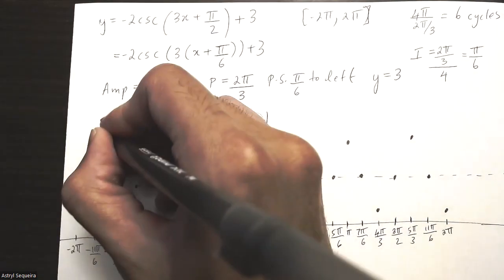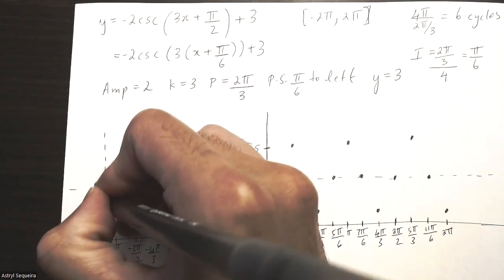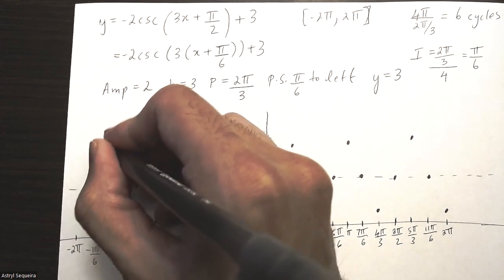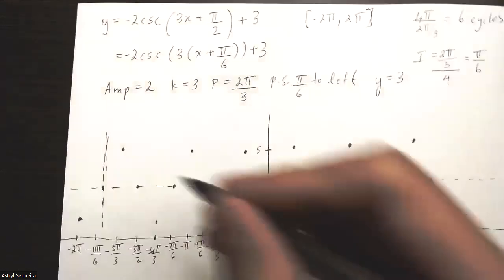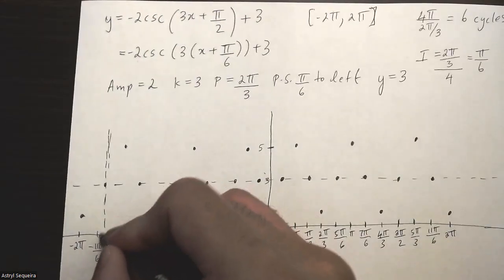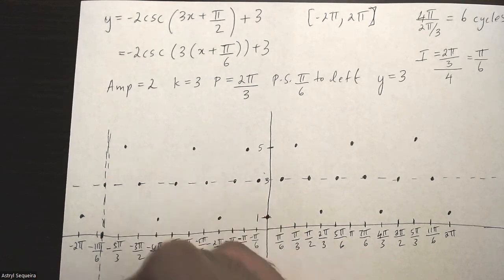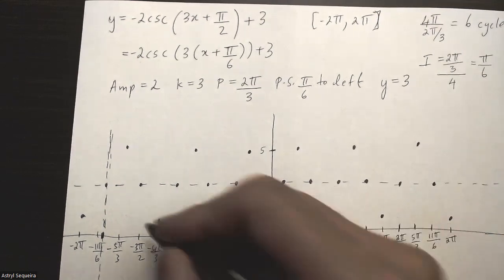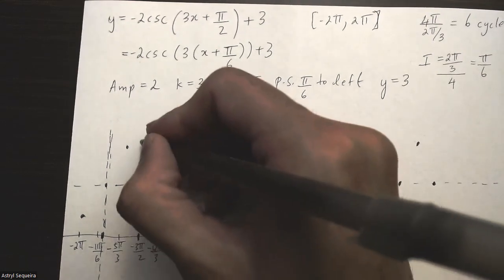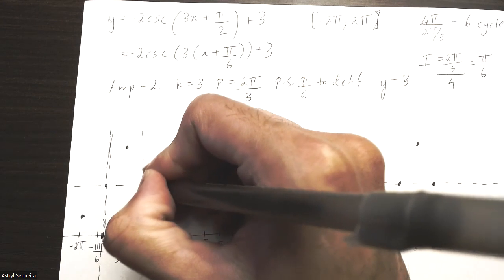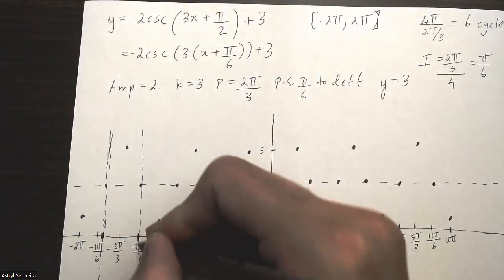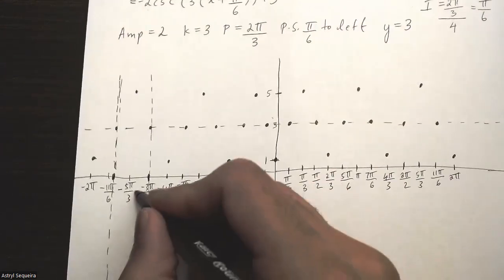So basically, let's start with this. I have a vertical asymptote. Not the best line, but I have a vertical asymptote at negative 11 pi over 6. Graph's a bit off in terms of the scale, but I think you get the idea.